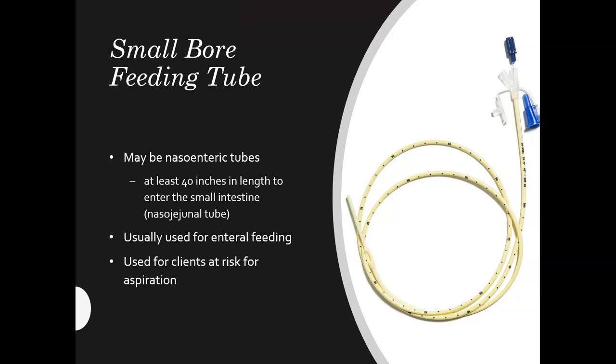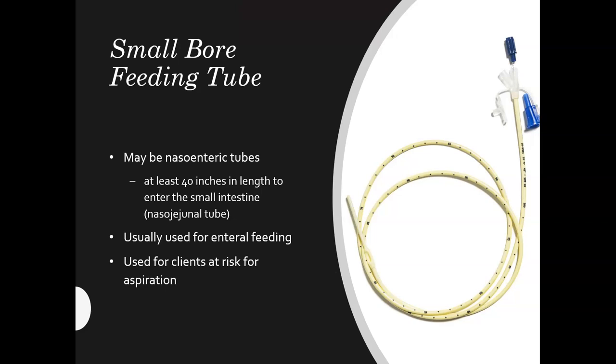This is usually used for feeding. It also helps prevent the risk of aspiration because it's so long and it goes into the jejunum. It's usually used for enteral feeding, and especially, again, for clients who are at risk for aspiration. It is usually a little bit more comfortable just because it is smaller, a little bit more pliable, like the Dobhoff tube is as well.